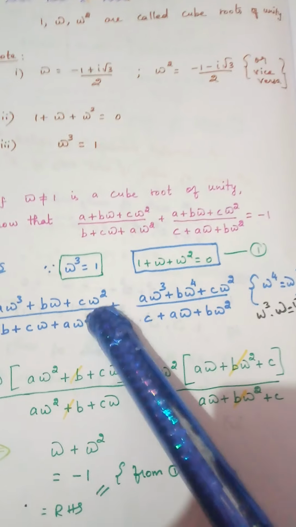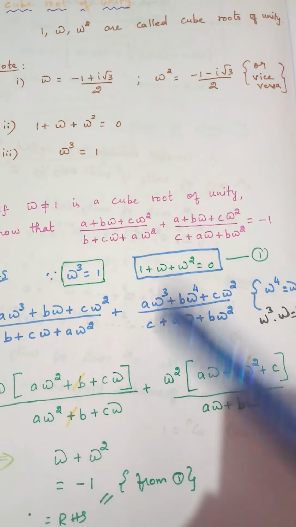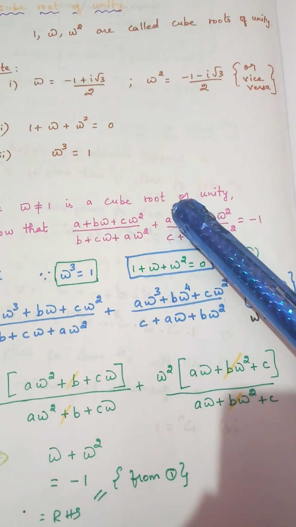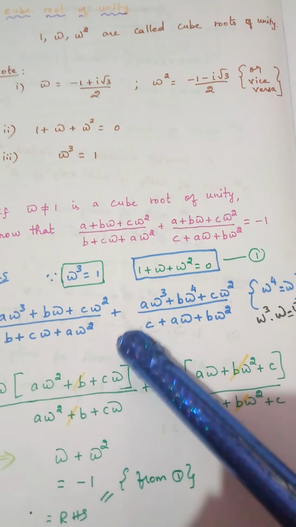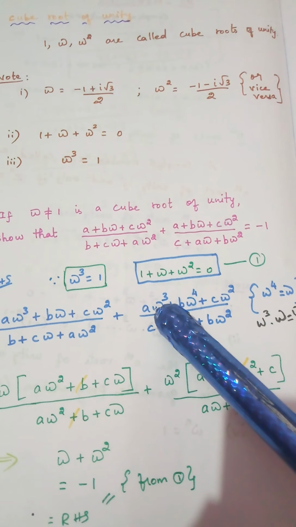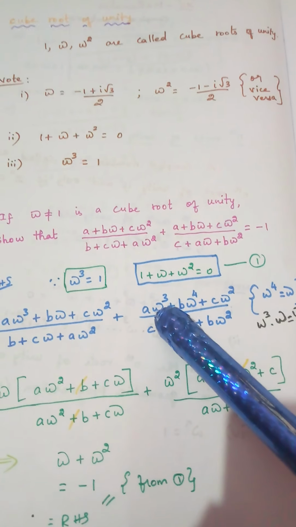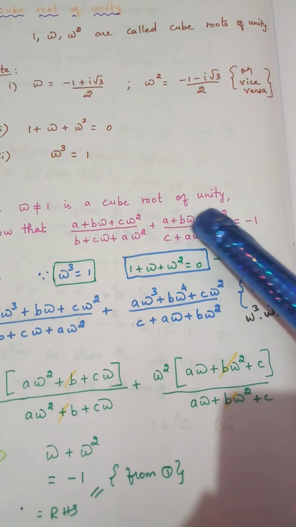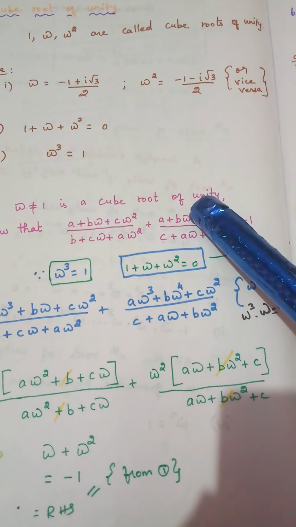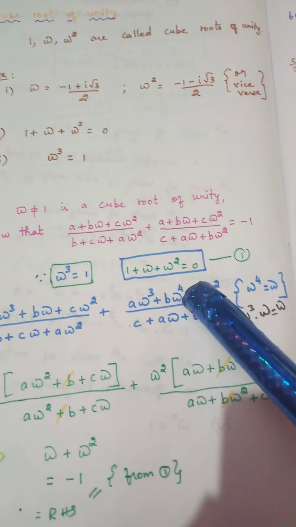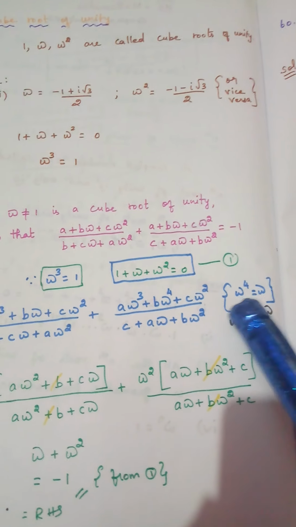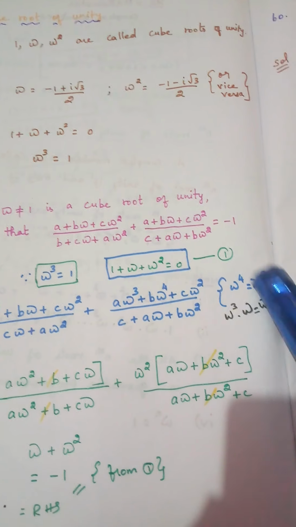Plus, even if you see the second term in LHS, again in place of writing a, I have written a omega cube. Try to understand, because omega cube value is 1. And instead of writing b omega, I am writing b omega power 4. Just now I said omega power 4 is equal to omega.